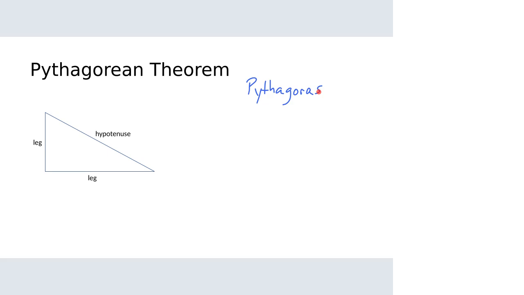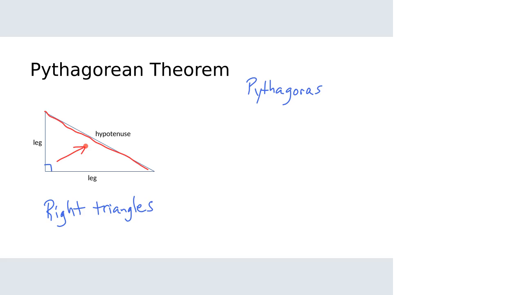When we talk about the Pythagorean theorem, it's important to note that it works with right triangles. The Pythagorean theorem only works when we have a right triangle. And when we have a right triangle, we have components, pieces, that sort of have an anatomy, if you will. The longest side of a right triangle, which is the side across from the 90-degree angle, if you think about that, it kind of makes sense.